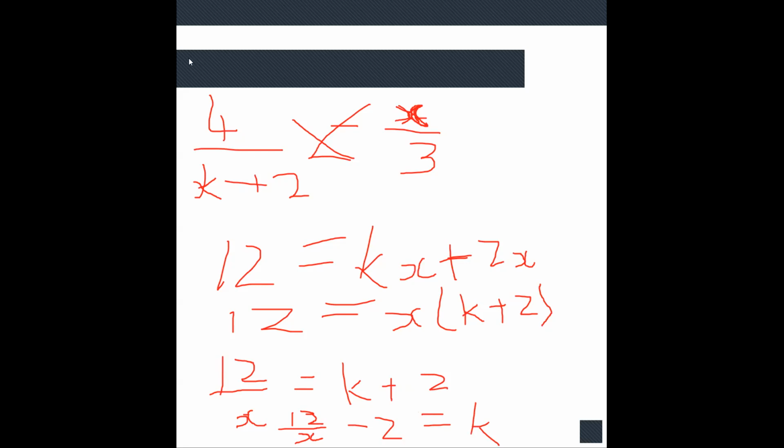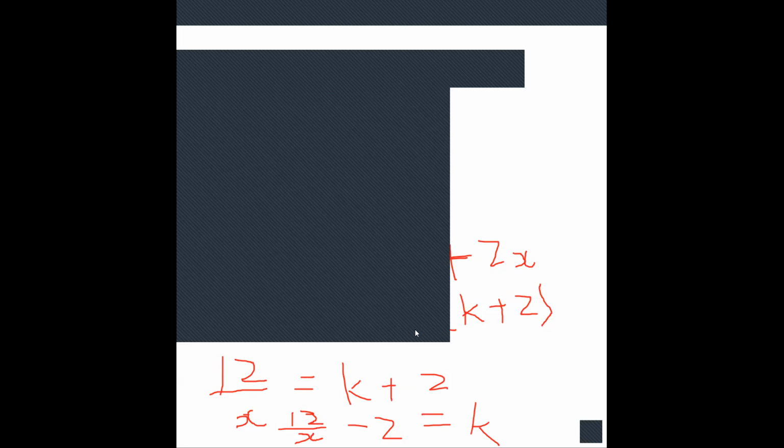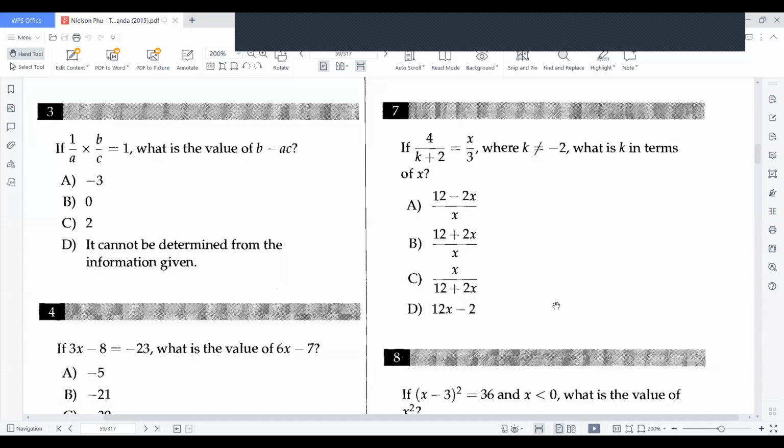Now, my question to you guys is which one of these represents that? 12 over x minus 2 is equal to k. Which one of these is saying that? D? A is the actual answer.